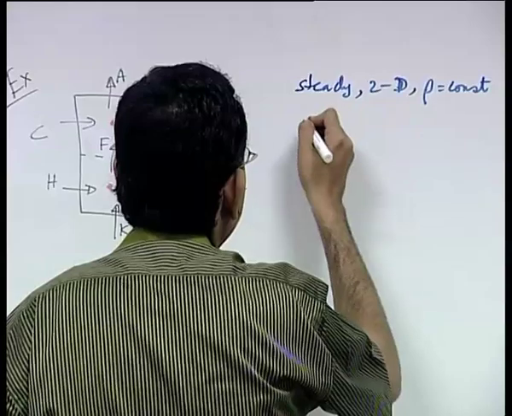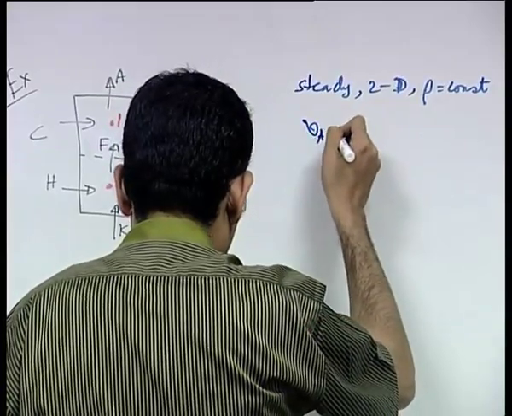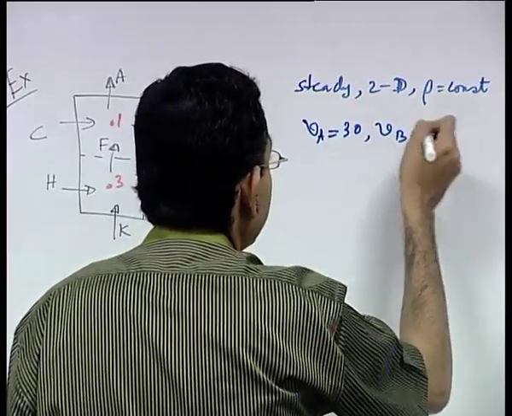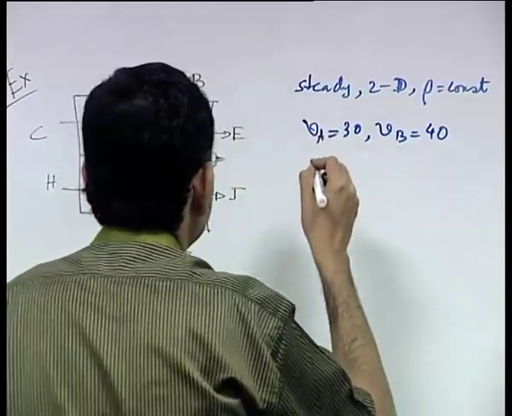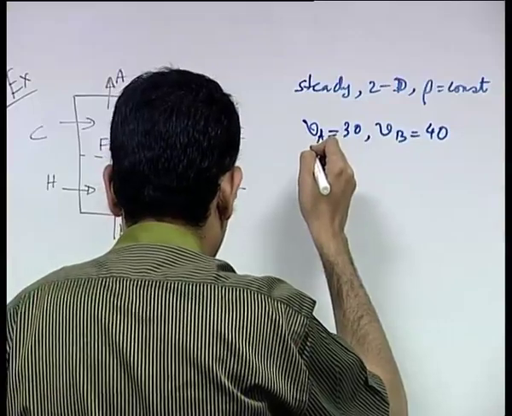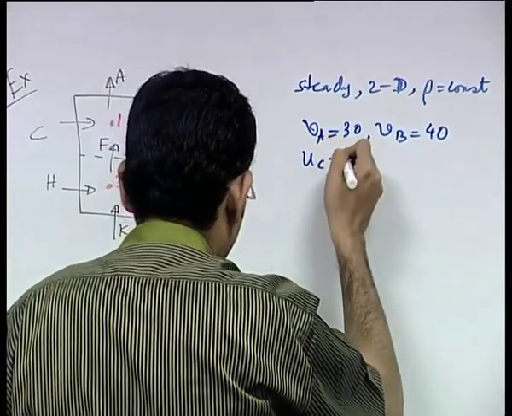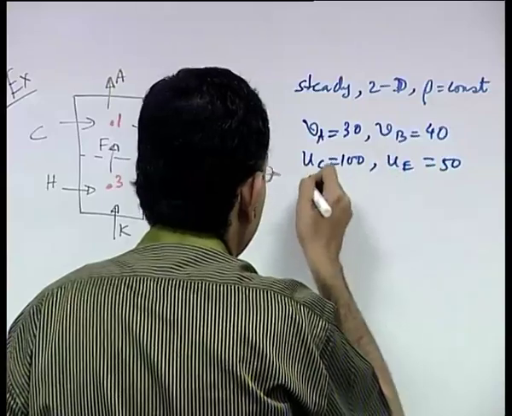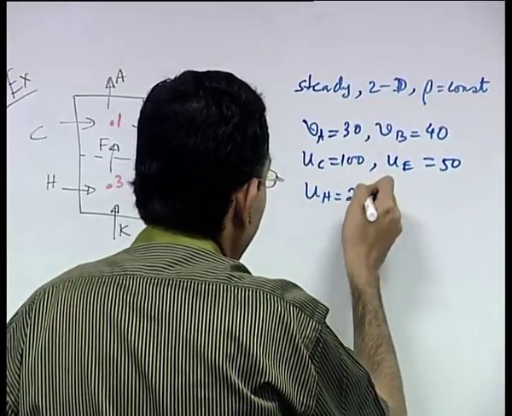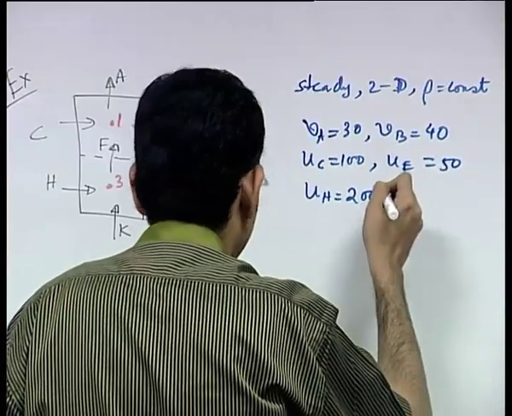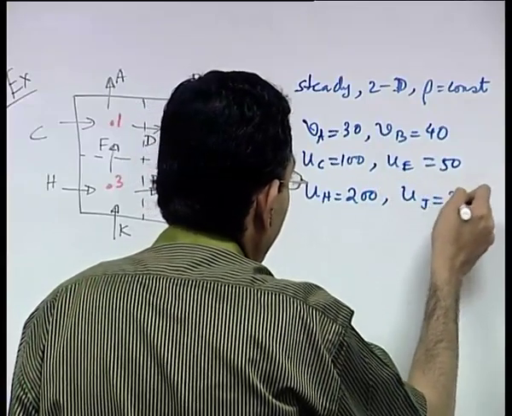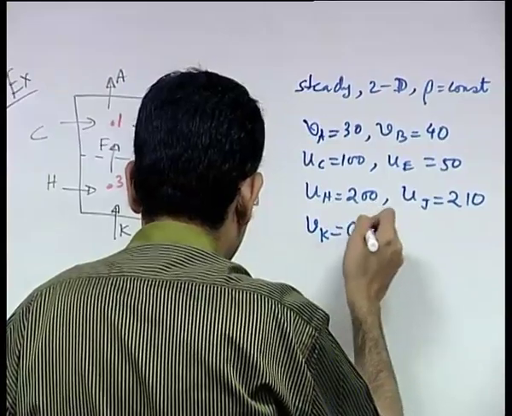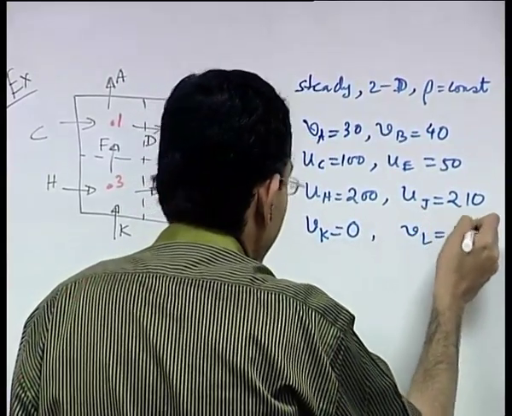The boundary velocities are given as Va equal to 30, Vb equal to 40, Uc equal to 100, Ue equal to 50, Uh equal to 200, Uj equal to 210, Vk equal to 0, Vl equal to 20.